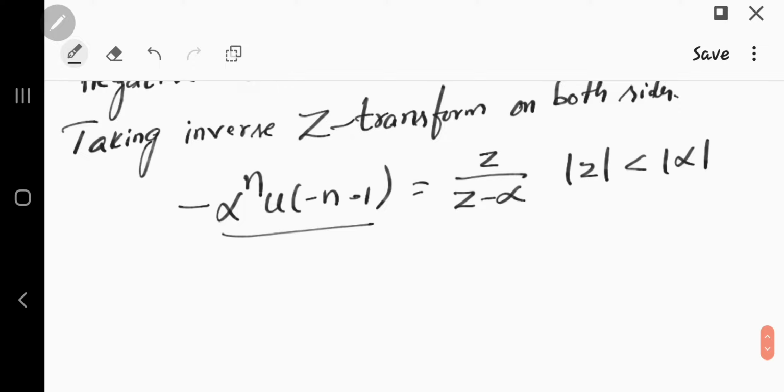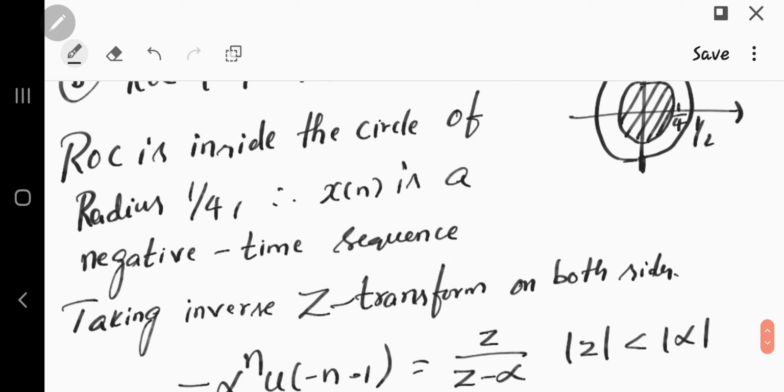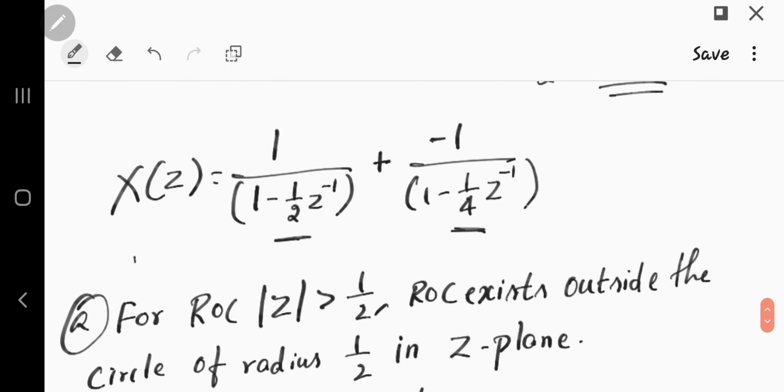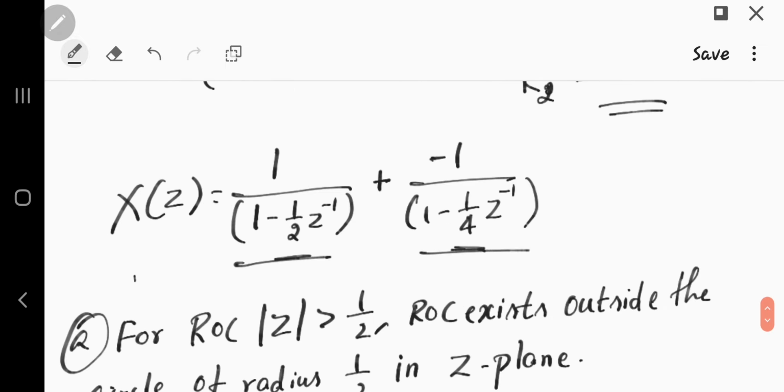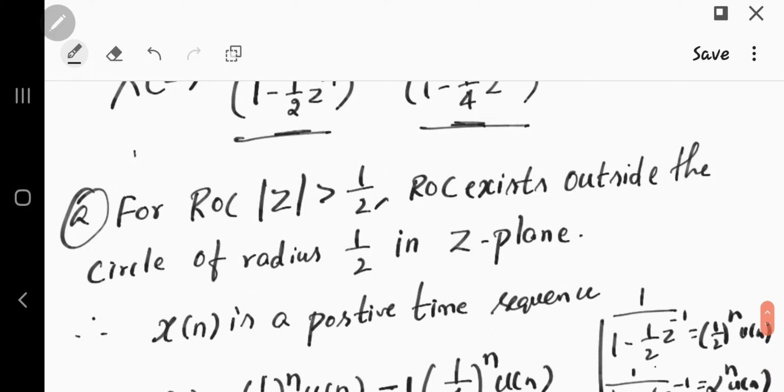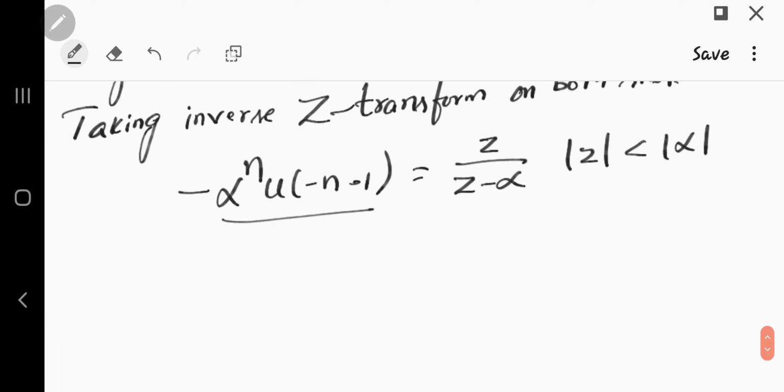Now we have to express this term x of z, these two terms, as a negative time sequence. That means you have to multiply with u of minus n minus 1, which is the negative time sequence.